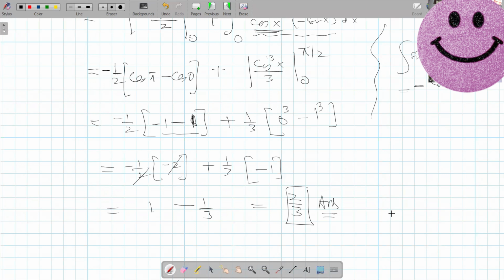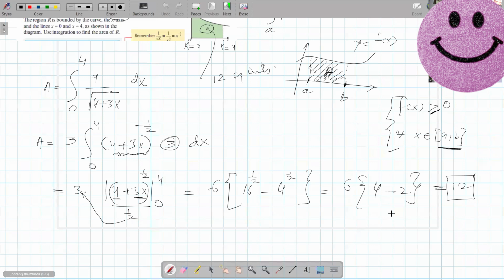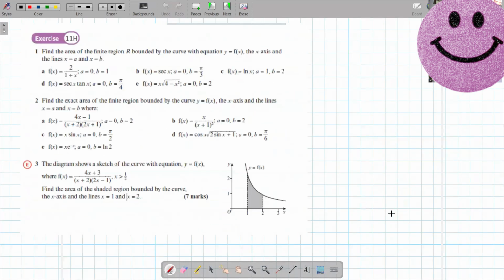So let's go to the next. Now this is a complete exercise. Find the area. Now there are two types of questions. You can find the area under a curve directly by finding this integral. The limits will be given to you and the curve will be given to you. If you calculate this integral, this gives us the area under the curve.